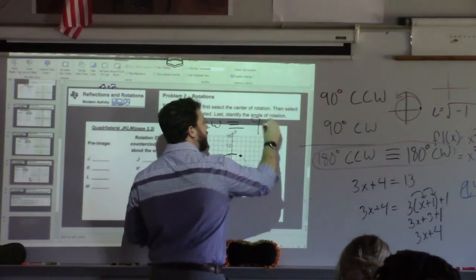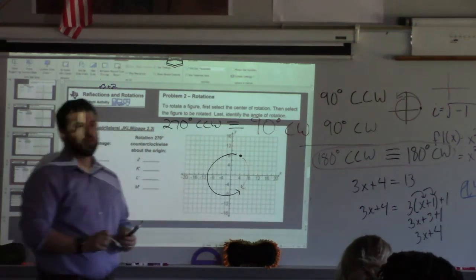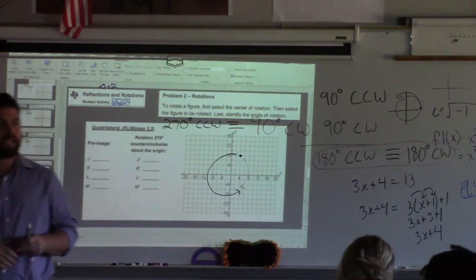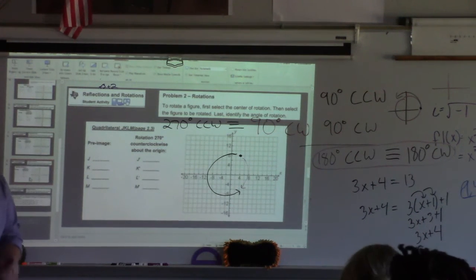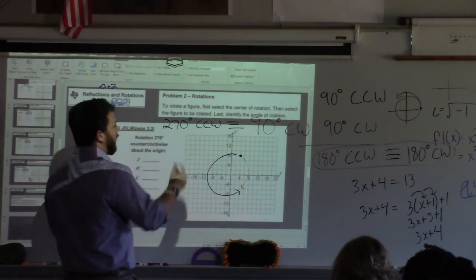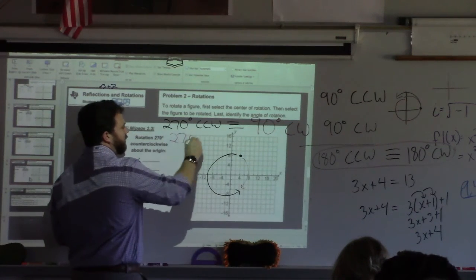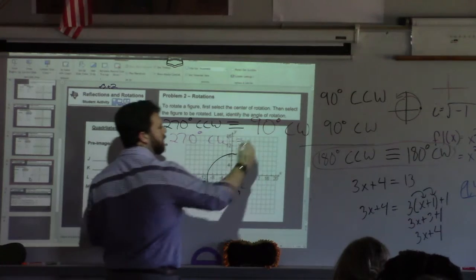One of the best things about learning math well is that instead of doing the hard thing, you do the easier one. If I am ever asked to do 270 degrees counterclockwise, I'm doing 90 clockwise every single time. In a similar way, if I was asked to do 270 degrees clockwise, what would I do? 90 degrees counterclockwise.